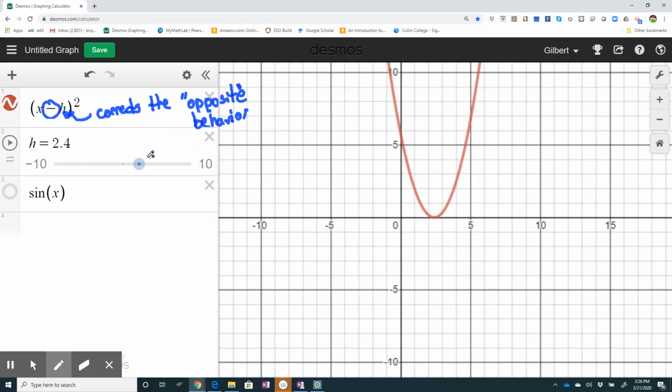So now if I go to the right, let me click on the pointer again, the graph now moves to the right. If I go to the left, the graph now goes to the left. So whenever you see the minus inside, all they're doing is correcting that opposite behavior, so when you're doing your math, it's not as confusing. Positive means right, negative means left.